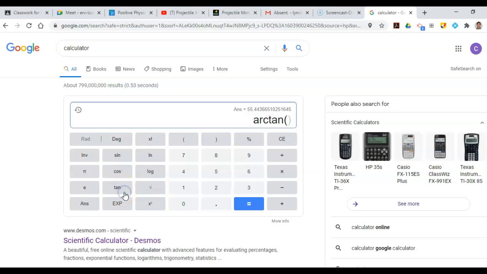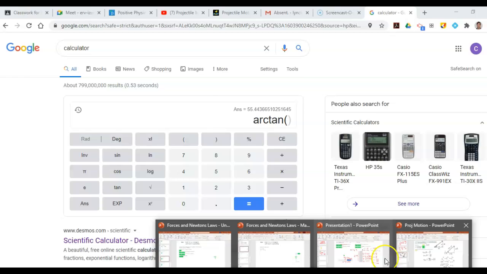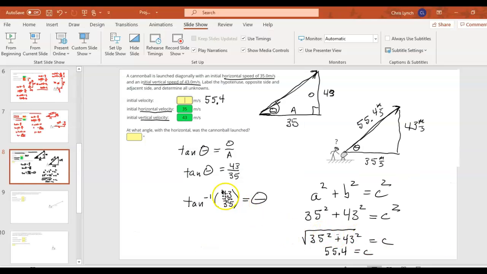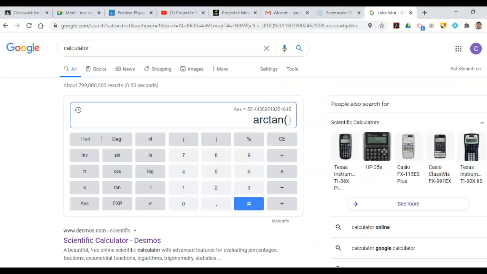We want to use inverse tan, which is up here as arctangent. Let me verify what my ratio was. The ratio was 43 over 35. So we're going to plug in 43 over 35. Again, I'm making sure I'm in degrees mode, which I am.